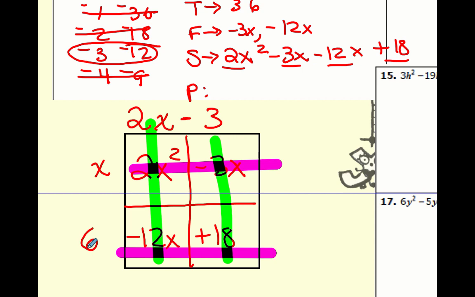They do not share an x because only the 12x has an x. But the negative 12 is negative, so it must be a negative 6 that they have in common. So we're pulling out the common factors, and we get 2x minus 3 times x minus 6. And if we multiply that out, we will get exactly 2x squared minus 15x plus 18.